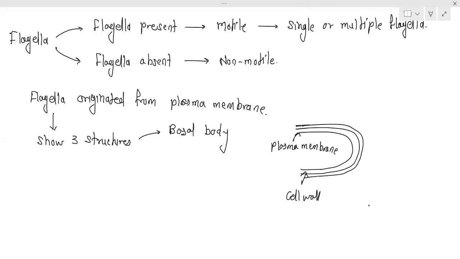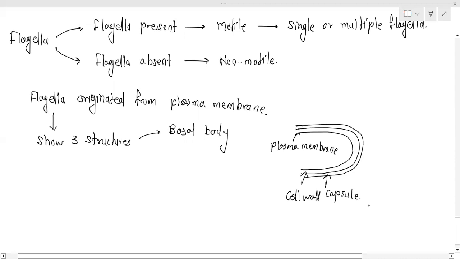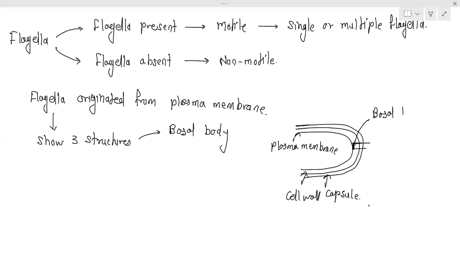Above that there will be the capsule. We studied this yesterday, right? Now here there will be the basal body of the flagella. Then it comes out and forms a hook-like structure.